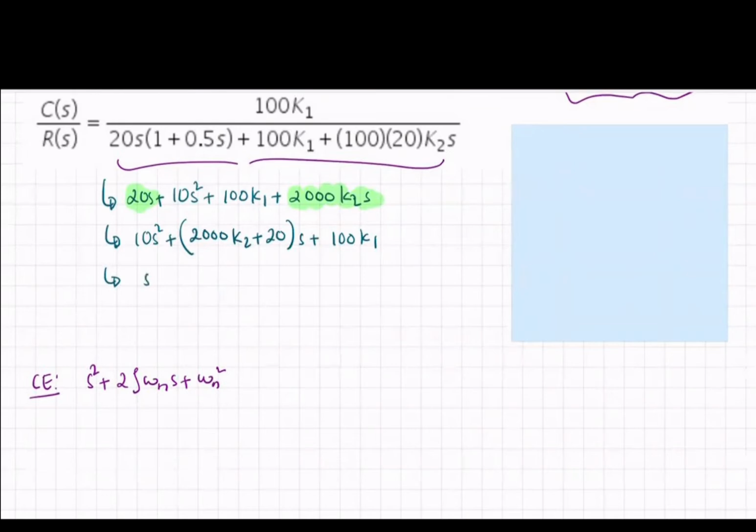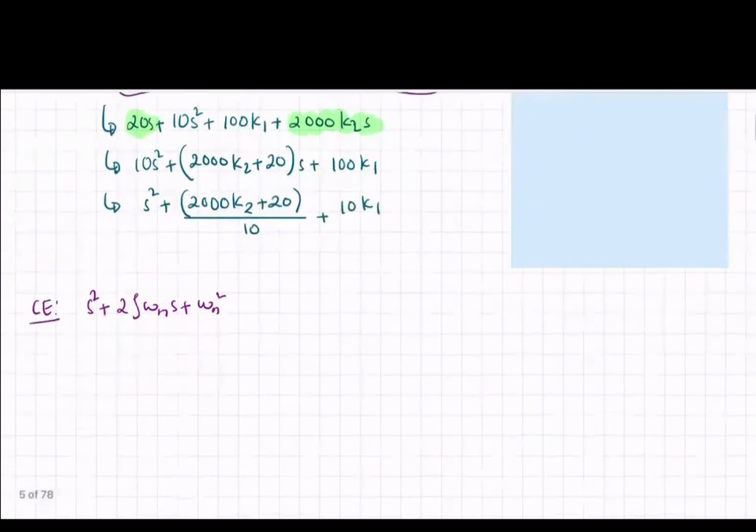So we can say s squared plus 2000 k2 plus 20, and we need to divide this by 10, plus, so this is also 100 divided by 10, which is going to be 10 k1. Okay, so this looks pretty interesting.